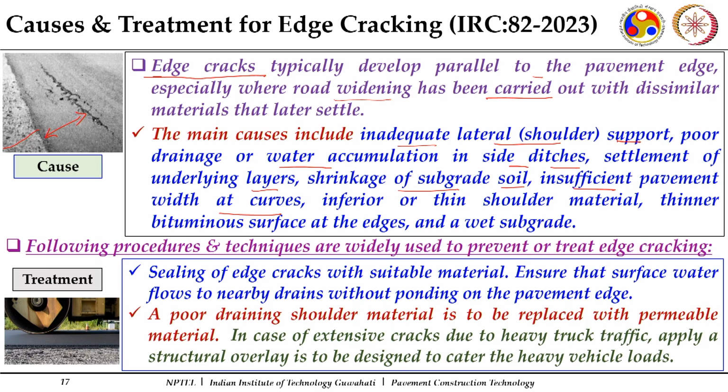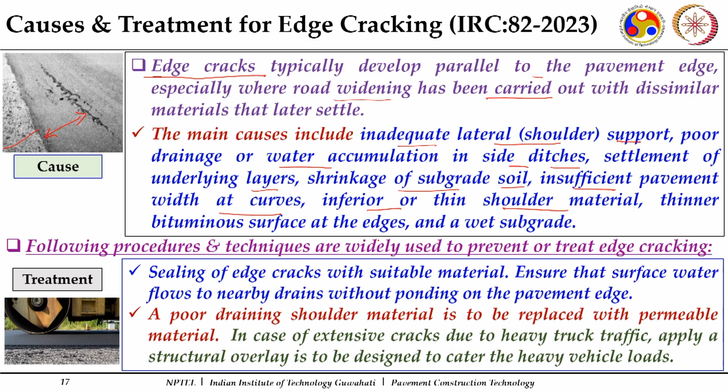Where horizontal curves are there, we prefer to go for some extra widening. If that is not done, then we experience some heavy stresses, especially at the edges on horizontal curves. Inferior or thin shoulder material is another cause, if the shoulders are not properly maintained and constructed.